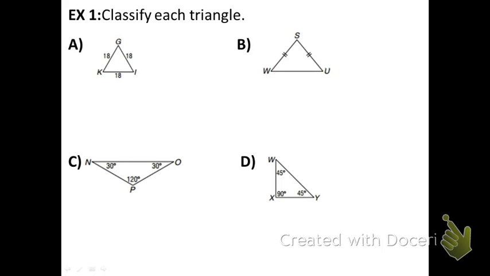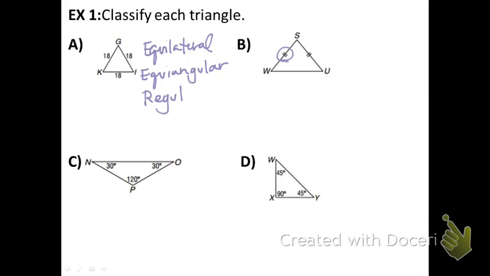Okay, so in example 1, we're going to classify the triangle. Here we can see all the sides are the same, so we can say it's equilateral. If all the sides are the same, it's also equiangular. All the angles will be the same. And then we also said you could write regular here instead of both of those.